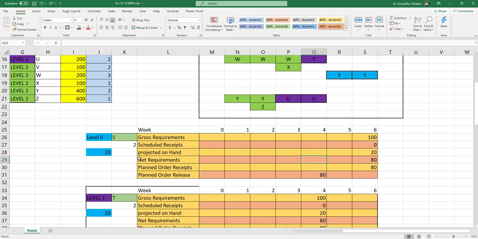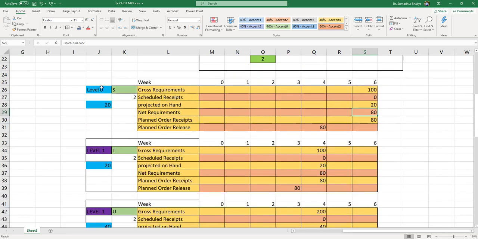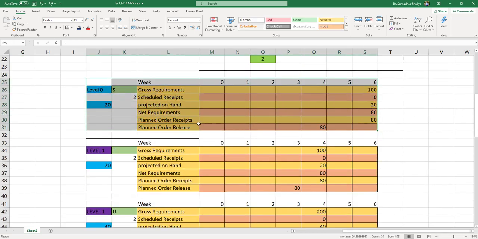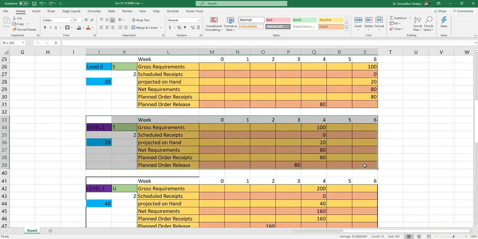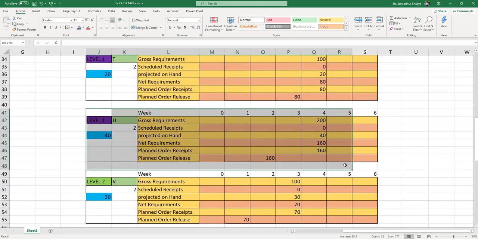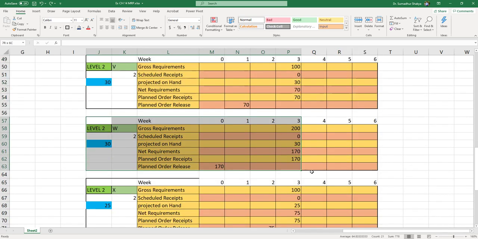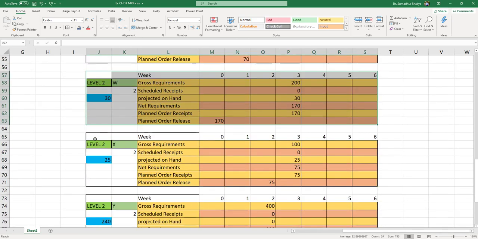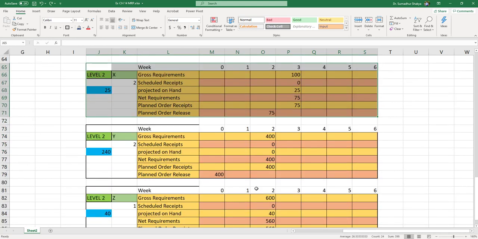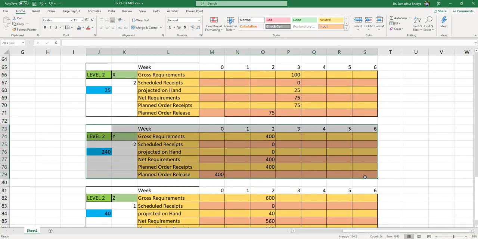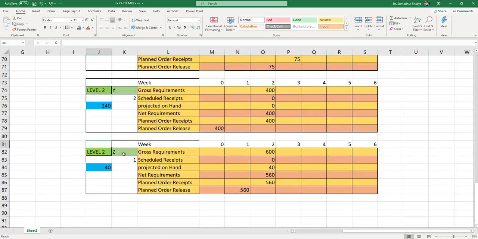Then you'll accordingly make one more row and reflect that in your net requirement calculation here. So for S, it looks something like this. For T, you have this, for U, then for V. Then similarly for W, you have this, for X, for Y, and then for Z.